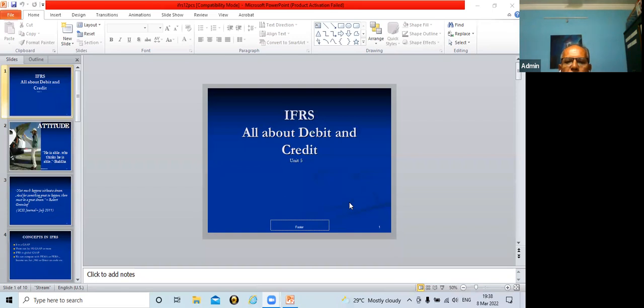Just for your information, I am sharing these details with you, and the difference between IAS and IFRS. IAS is applicable to Indian companies, and IFRS is applicable to MNCs.